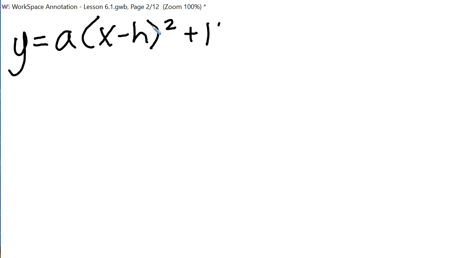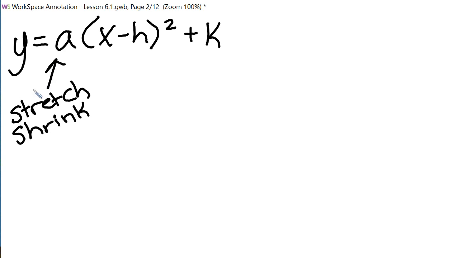a goes up and down. What does the a value make it do? Stretch, shrink, or reflect over the x-axis. So it's going to do the same thing with our quadratic parent function that it did with square roots and absolute value functions.